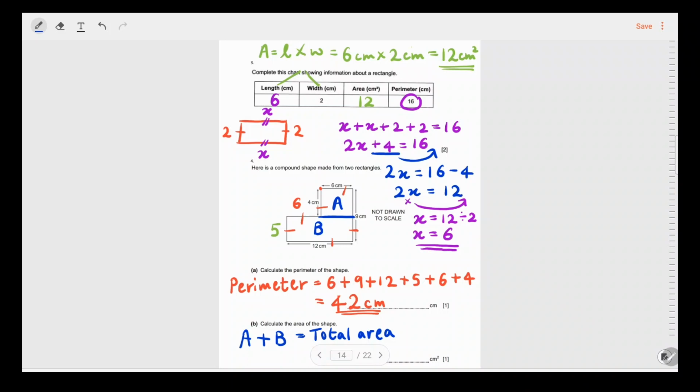First, I will find the area of A. For A, the sides are 6 centimeters and 4 centimeters. So the area of A is equal to 6 times 4, which is 24 centimeters square.